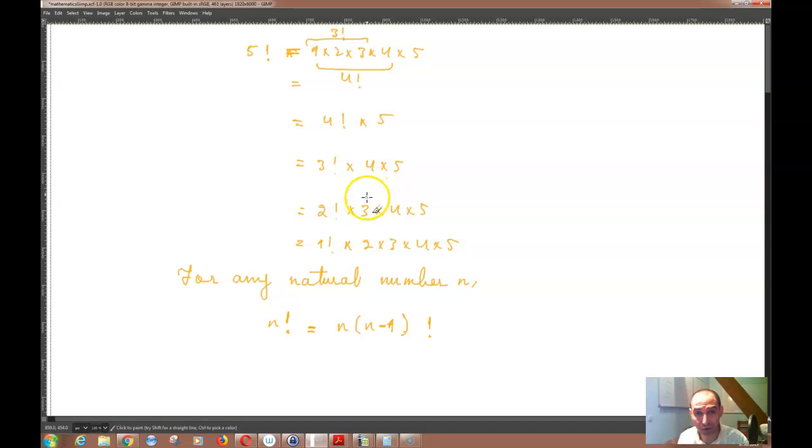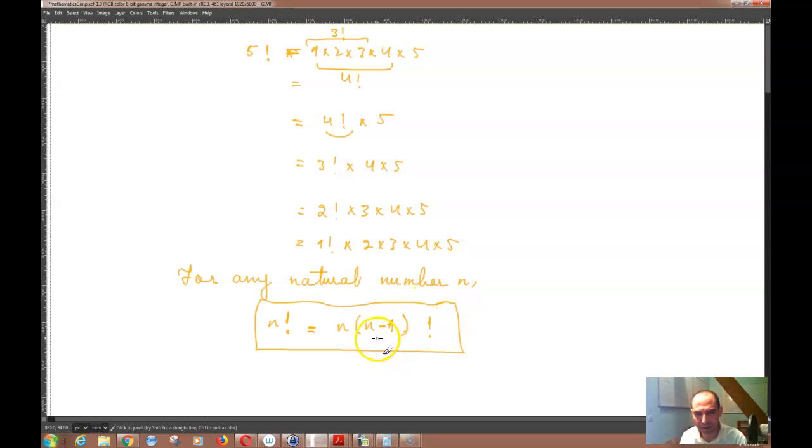Because as you saw over here, for example, 5 factorial, I could write it as 5 times 4 factorial. So this is n times n minus 1 factorial. So n factorial can be written as n times n minus 1 factorial.